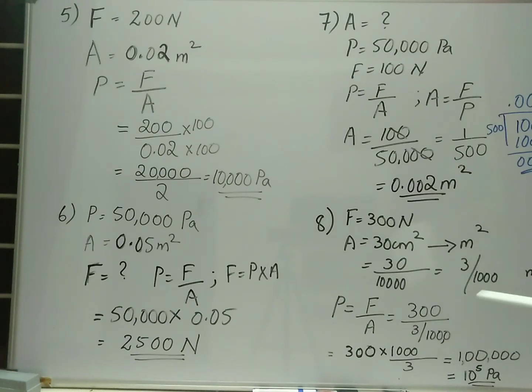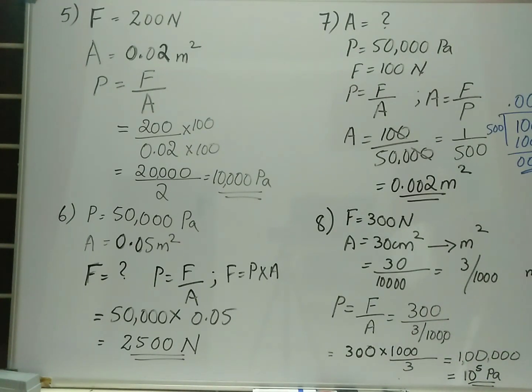No need to convert to decimal. Let it be 3 by 1000 meter square. Now we can substitute in the formula. Pressure is equal to force by area. Force is already given, 300, by area, 3 by 1000. 300 divided by 3 by 1000.